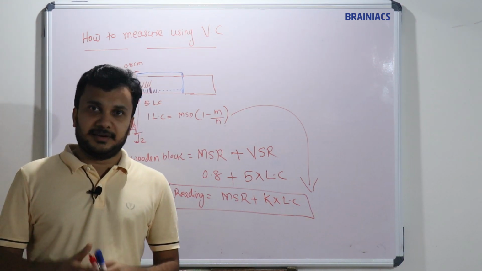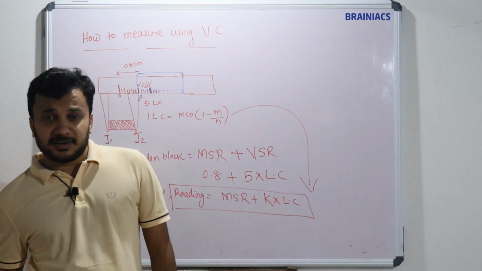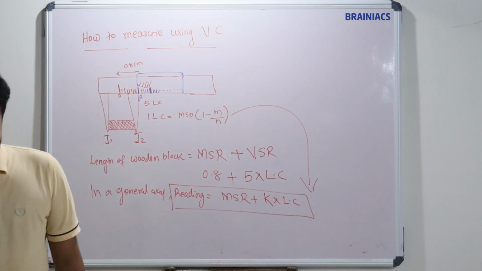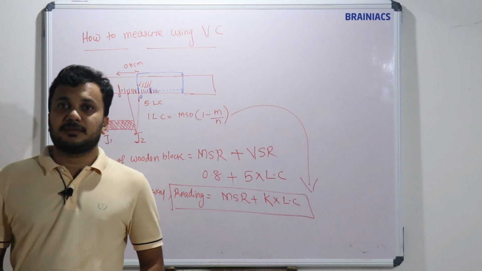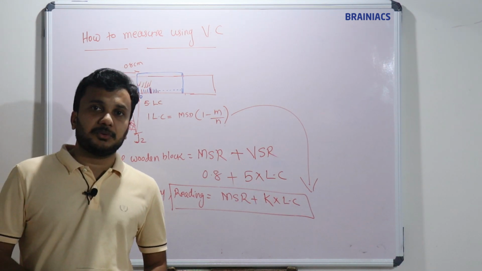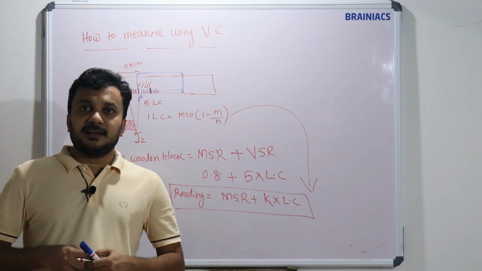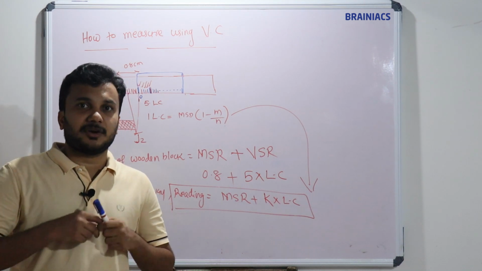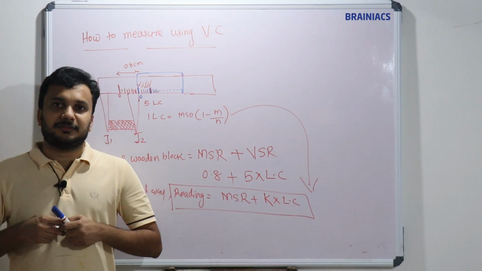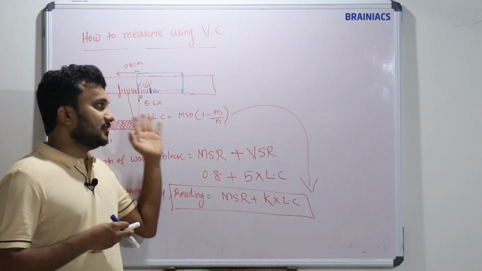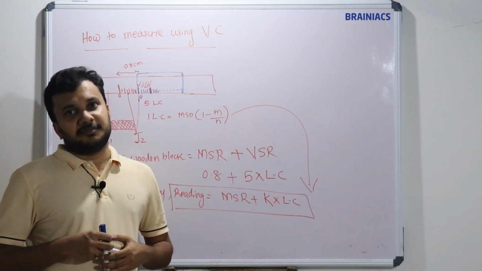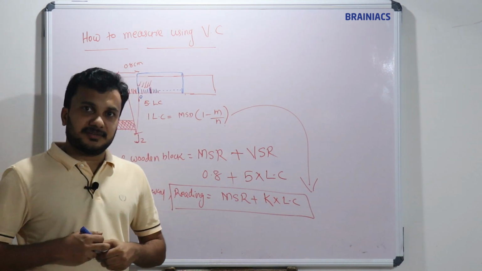You will always get a more perfect and better value compared to that of a main scale. Main scale in the sense of our normal school geometry box scale. This is a very perfect device, which is called the vernier scale.